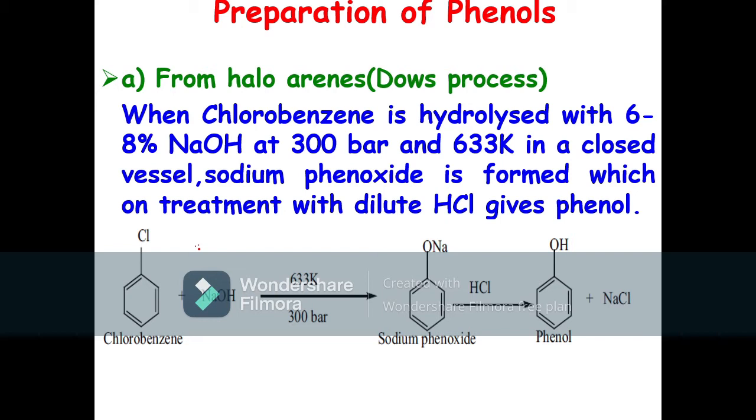It is hydrolyzed with 6 to 8 percent sodium hydroxide at 300 bar pressure and 633 Kelvin temperature. Why do we apply very high temperature and very high pressure? Because this carbon chlorine bond is very strong.